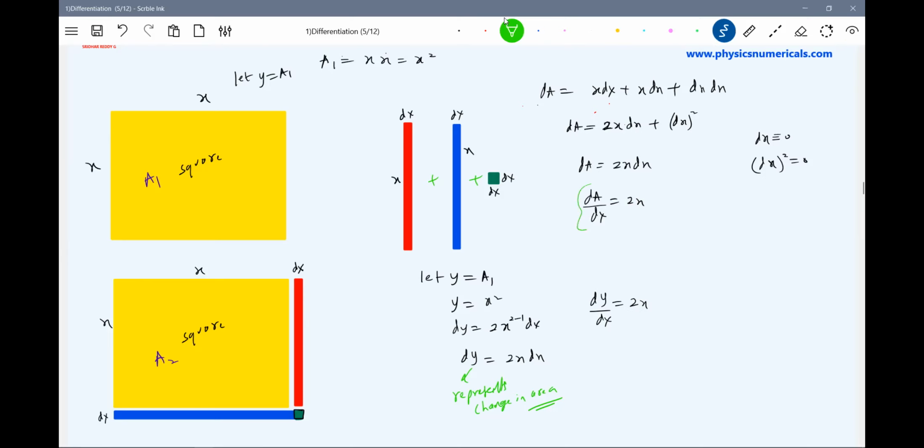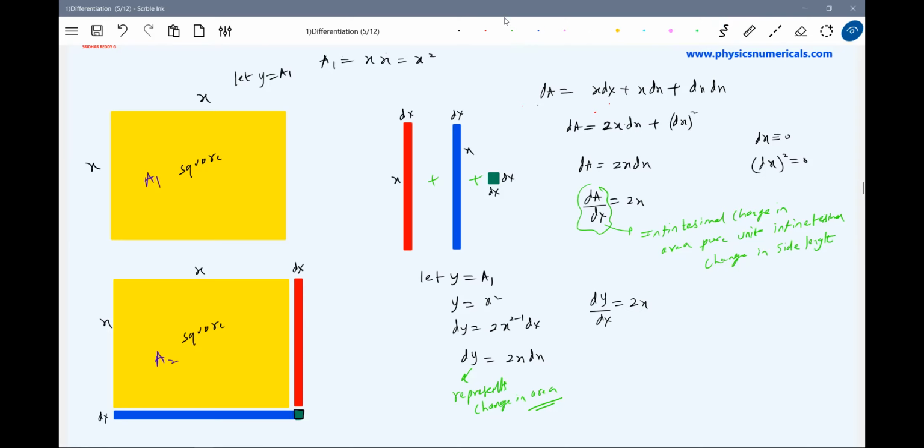What is the meaning of this? I think it's very clear. What is dA? Infinitesimal change in area per unit infinitesimal change in side length.